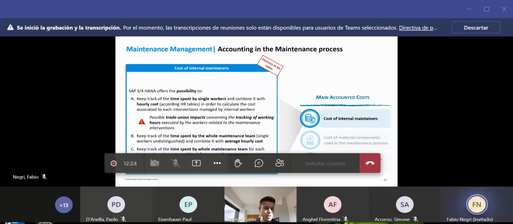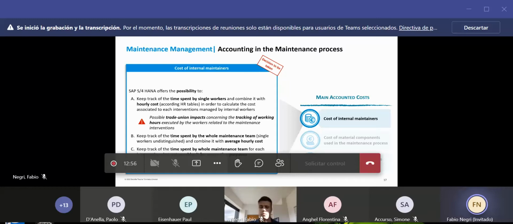Lighter solutions are solution B or solution C. Solution B is to monitor the time spent by the whole maintenance team without associating the hours to the single person, so without writing the name and surname of the people next to the time spent, and combine it with the average hourly cost.